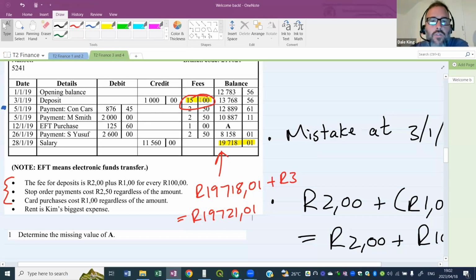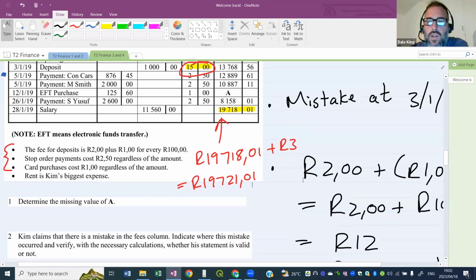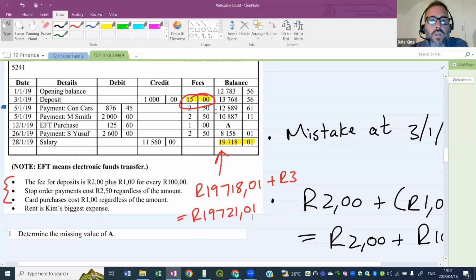Okay. That 15 Rand, in question 2, we determined that 15 Rand is incorrect. We checked it and we got 12 Rand. So this calculation here on the right hand side is that we checked that transaction, we did a calculation, and we see that 15 Rand should actually be 12. So the bank charged us 15, but they should have charged us 12. They've got to give us 15 minus 12, which is 3. They've got to give us 3 Rand back.